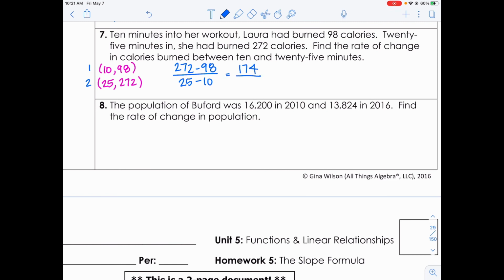And 25 minus 10 is 15. Now, like I said, we're going to divide this so we can get a unit rate. It is 11 and 6/10, and then last but not least, this needs a label. The Y value is on top, so that would be calories per, and then the time is in minutes, so this is 11 and 6/10 calories per minute.